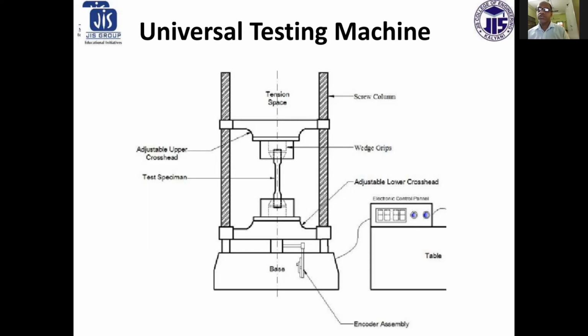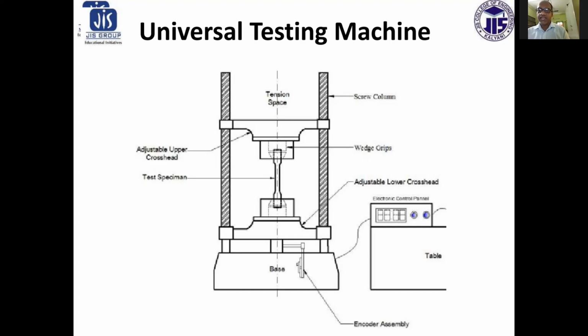So something about this machine we need to know. There are two spindles which have screw columns, upon which an adjustable upper crosshead is present, or sometimes an adjustable lower crosshead is also there, or in some cases the upper crosshead is fixed one. It is not moved by the machine.